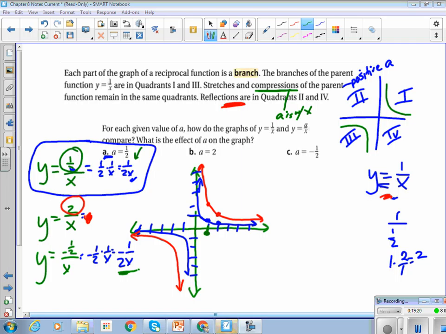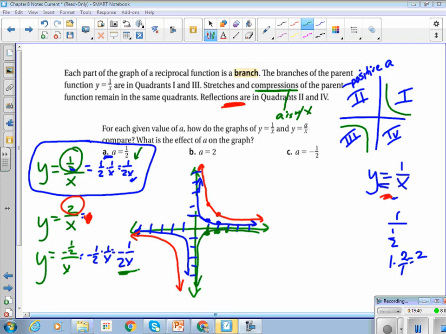Right here. At 2, I'm at -1 over 4. At 3, I'm at -1 over 6. Closer and closer. So what happens is I have that reflection.